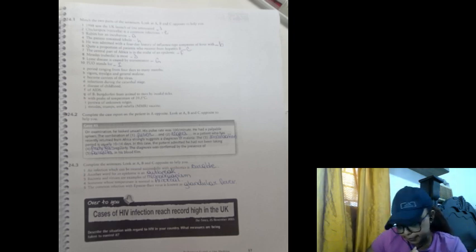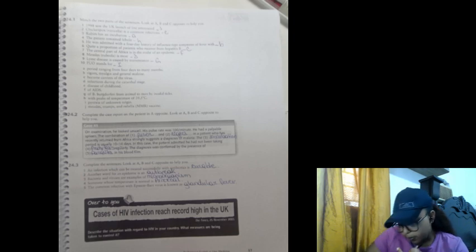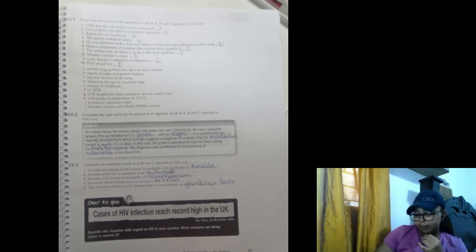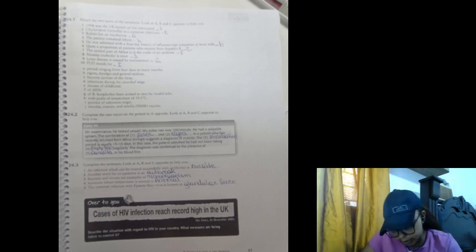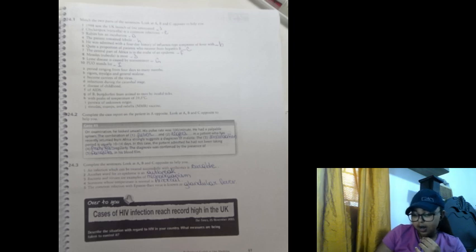An infection which can be treated successfully with antibiotics is curable. Another word for an epidemic is an outbreak. Bacteria and viruses are examples of microorganisms.